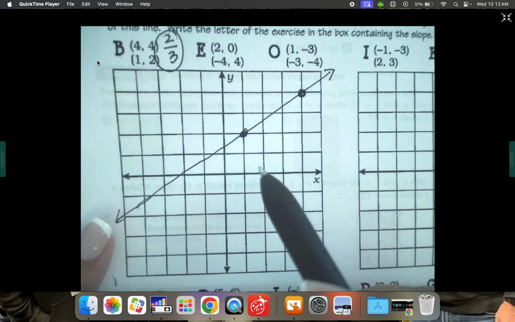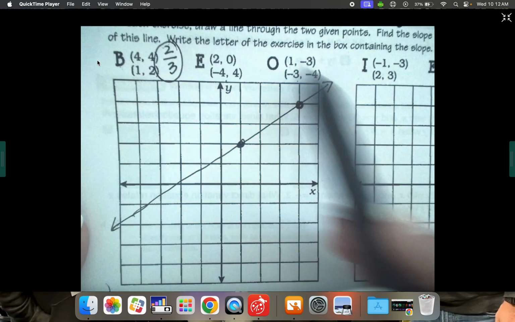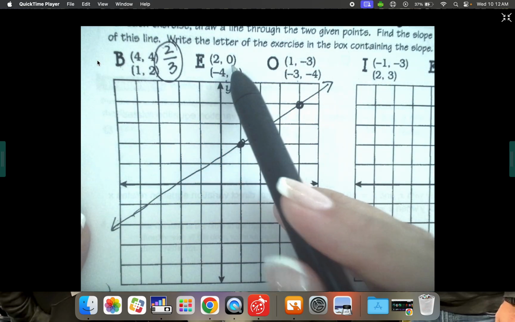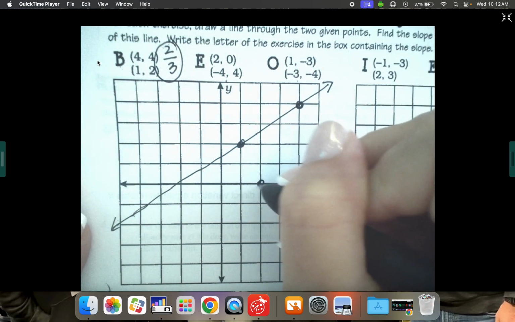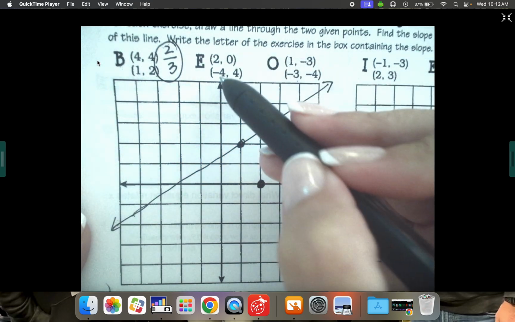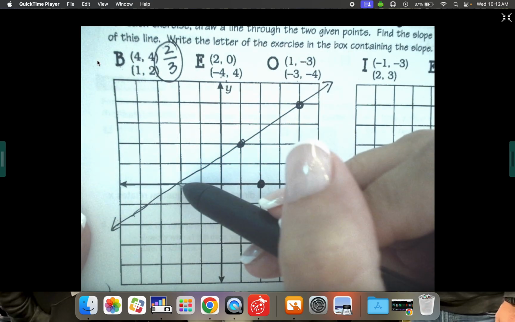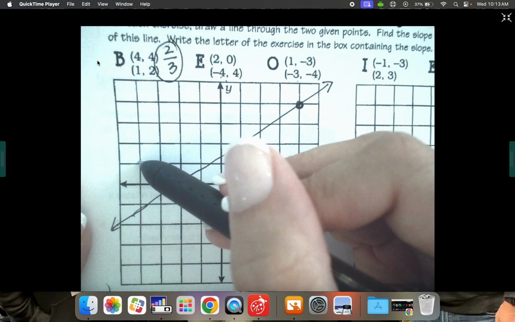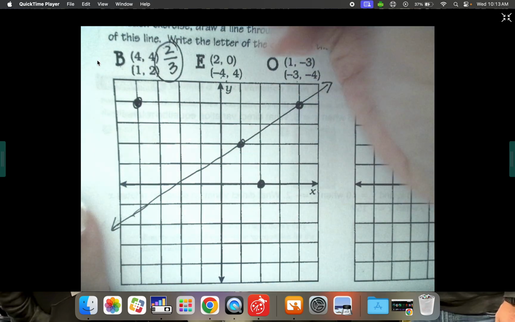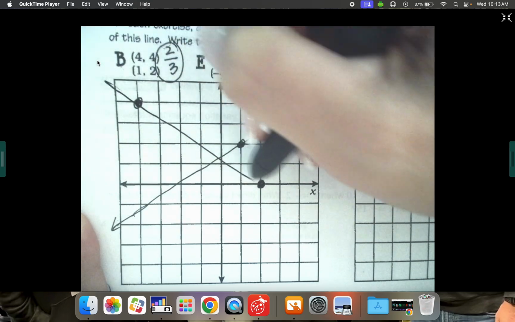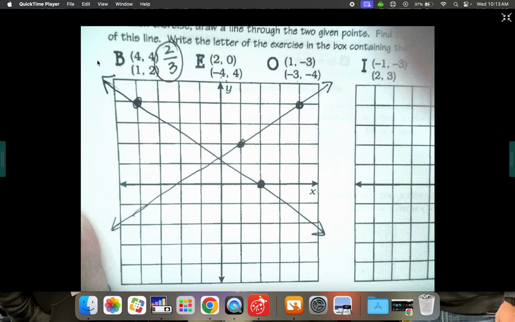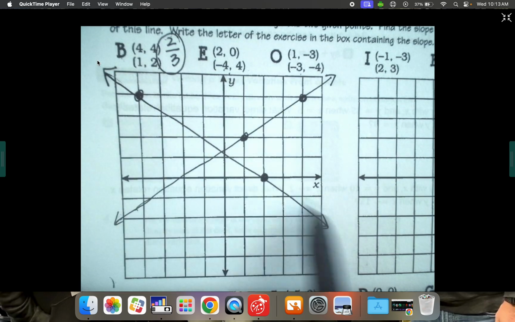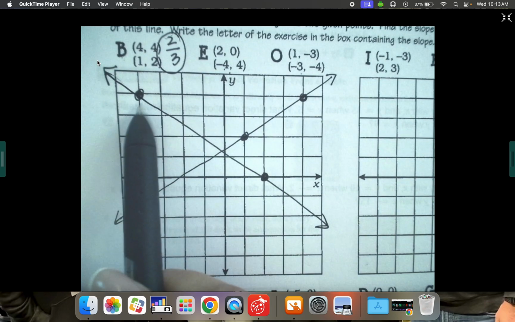I'll go ahead and do all 3 on this one graph. So 2, 0 is to the right 2, up 0. Negative 4, 4 is to the left 4, and then up 4. So this one's going to be a really ugly, not straight line, but I'm going to deal with it because that's okay. All right, I know this is a negative line because it's going downhill. So let's count how many down.